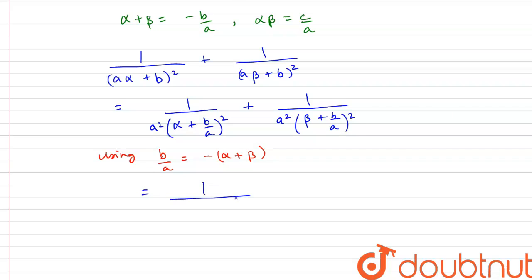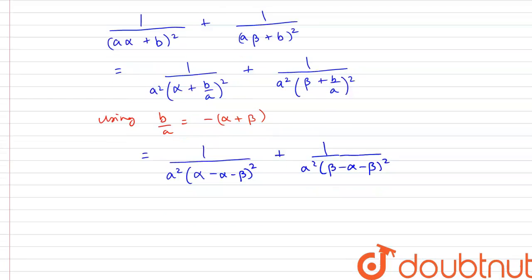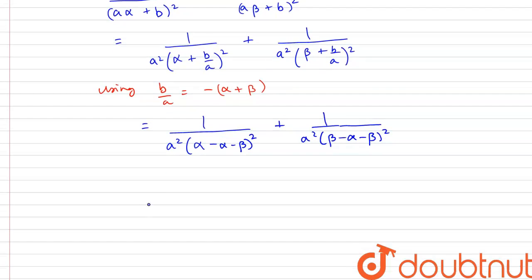equal to 1 by a squared alpha minus beta whole squared plus 1 by a squared, and here we will have beta minus alpha minus beta squared, which is equal to 1 by a squared, and alpha cancels out, so we are left with b squared plus 1 by a squared, and we are left with here alpha squared.